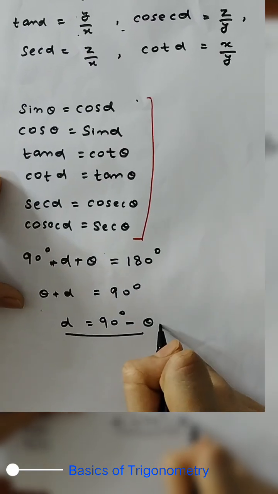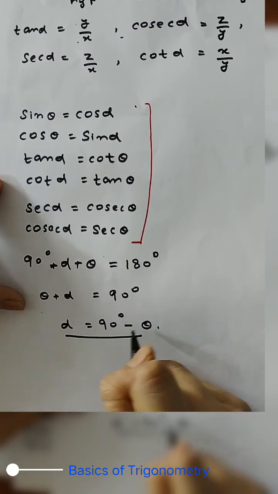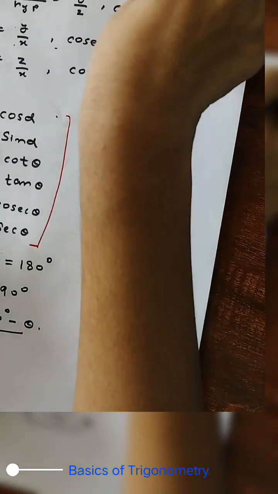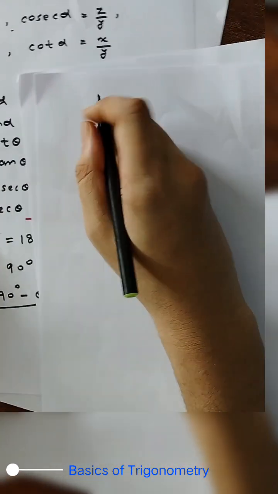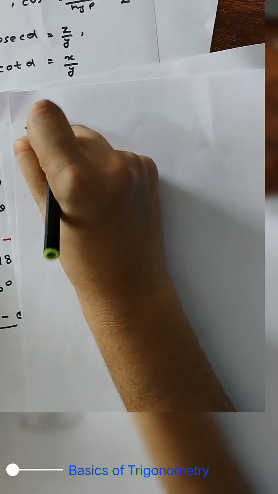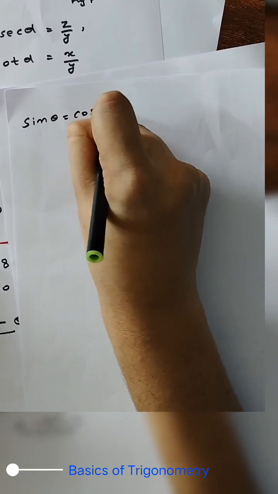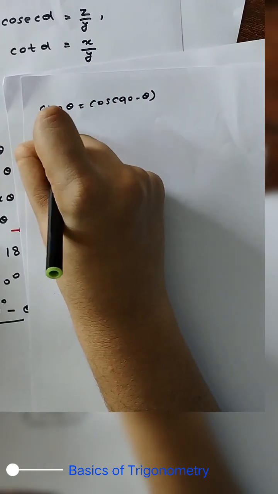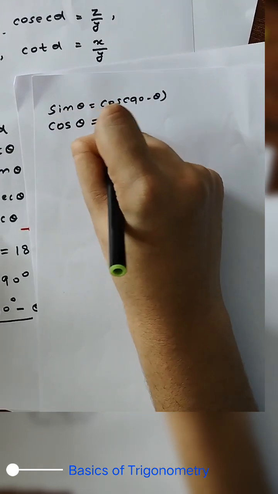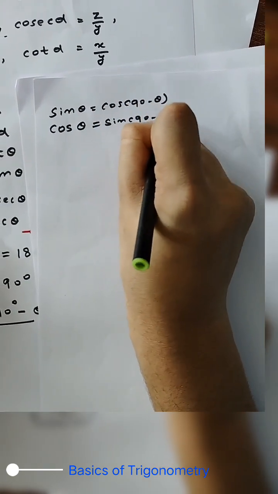Okay. Now if we substitute this 90 degrees minus theta in the above relations, we will get certain new relations such as sin theta is equal to cos of 90 minus theta. Similarly, cos theta is equal to sin of 90 minus theta.